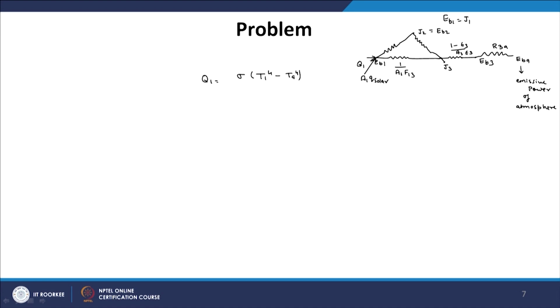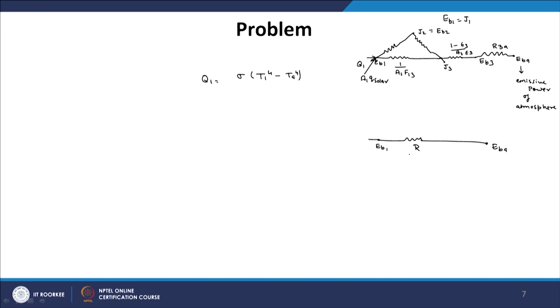So, we are basically dealing with this point and this point. This is the network, we can draw it again: EB1, then the combined resistance, and EBA. We can call this R. We are trying to simplify the above network into this simplified network, where we have multiple resistances in parallel and series.